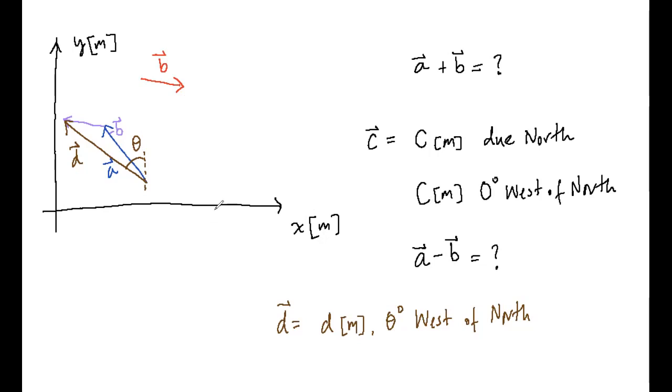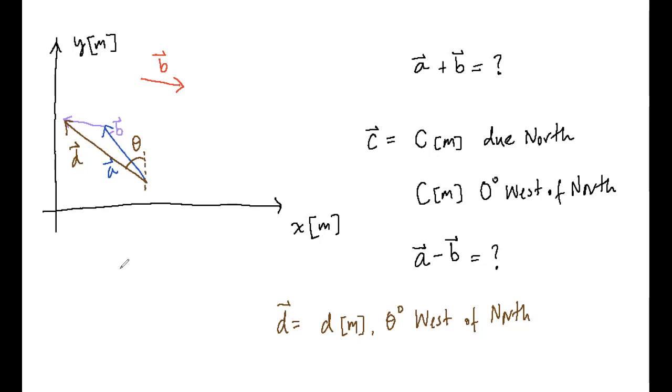You can take any scalar and multiply a vector by it, and you get another vector. All that happens is that the magnitude of the vector gets adjusted by whatever factor the scalar is.